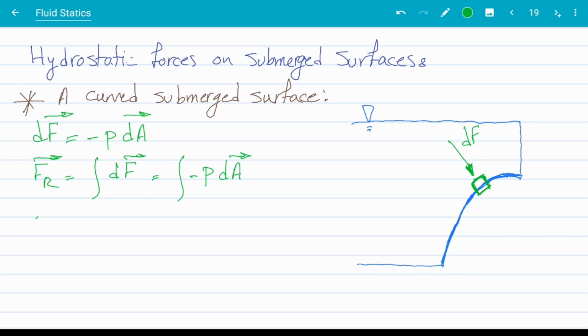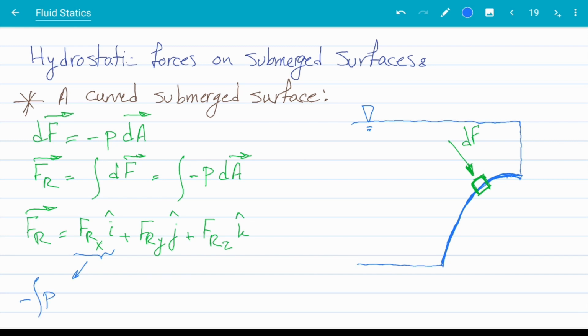This means that the total force is going to have three components in a general 3D space, in the form of Frx in the i direction, plus Fry in the j direction, and of course Frz in the k direction. We know that each of these are the components of the pressure integral.